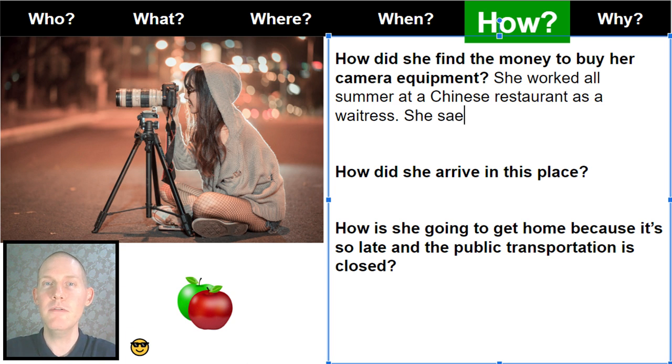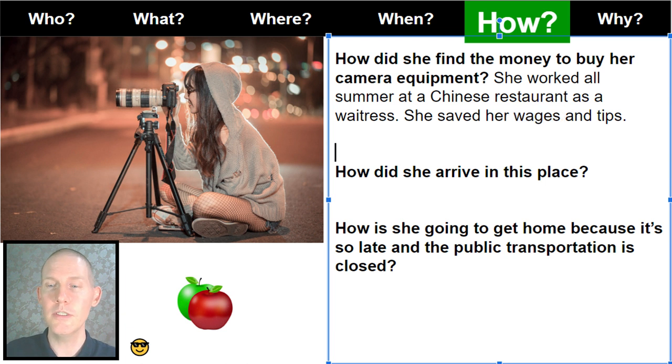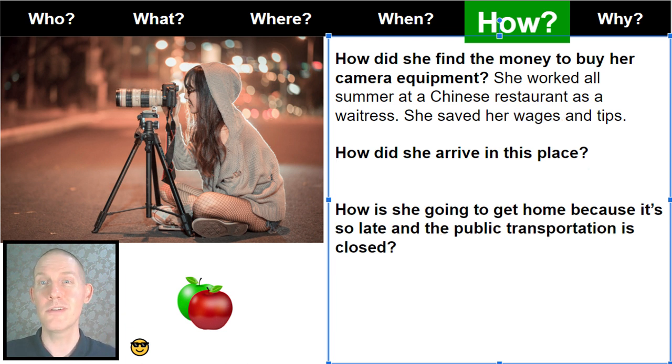And she saved her wages and tips, right? So tips are what the customers give you if they think they received good service, right? And wages would just be directly from the restaurant, okay? Maybe she was earning $10 an hour or $12 an hour, or maybe like $5 an hour. Who knows? All right. How did she arrive in this place?